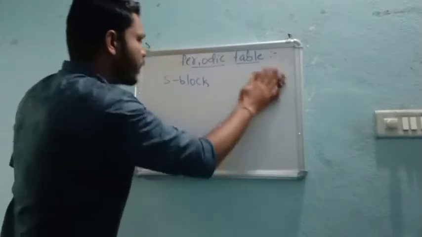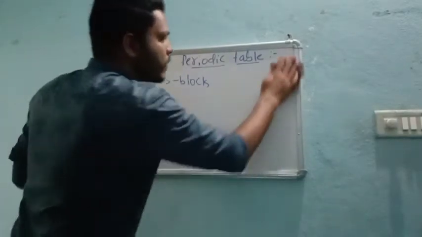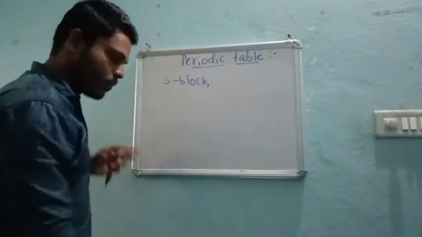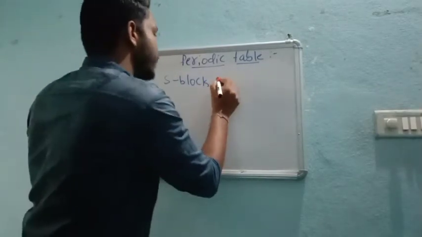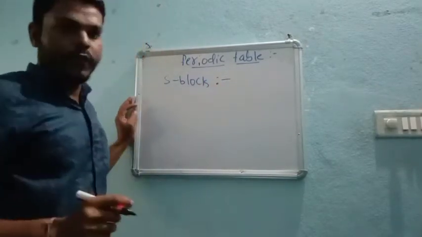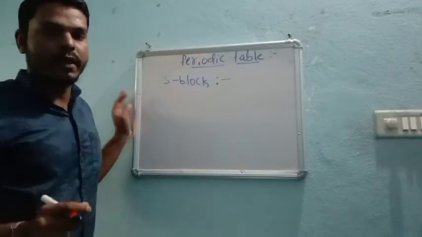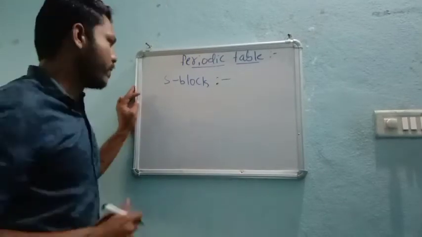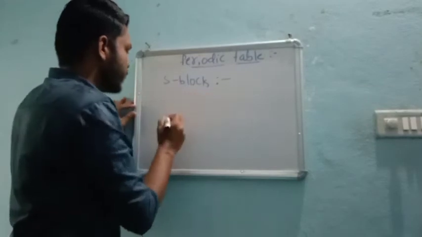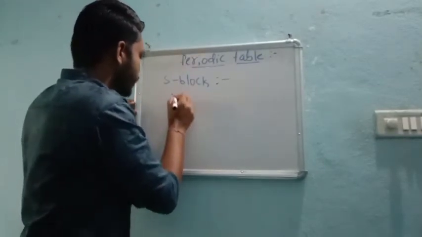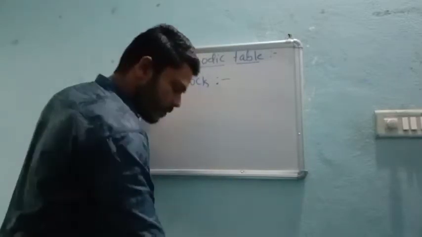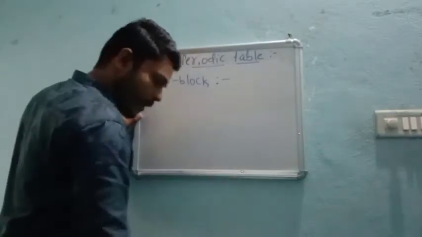So now, how do we identify what are S block elements? An S block element is nothing but, see, if the last, the differentiating electron... say, for example, we will take one example, hydrogen. Hydrogen is very easy, we can identify which block element it is.